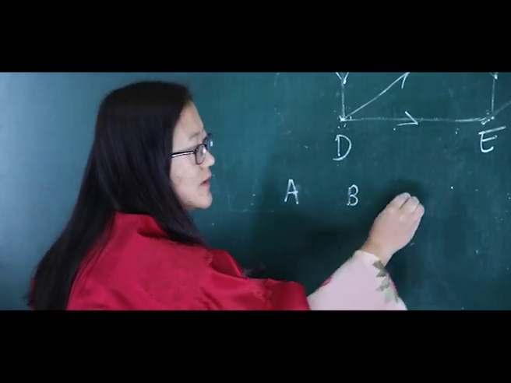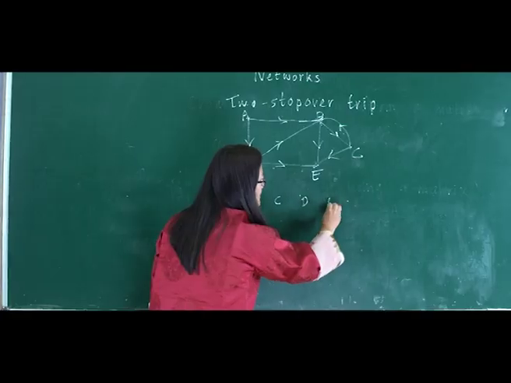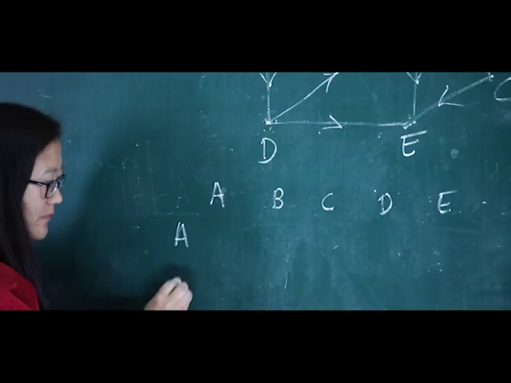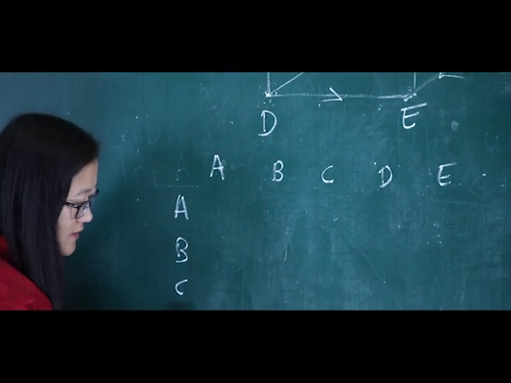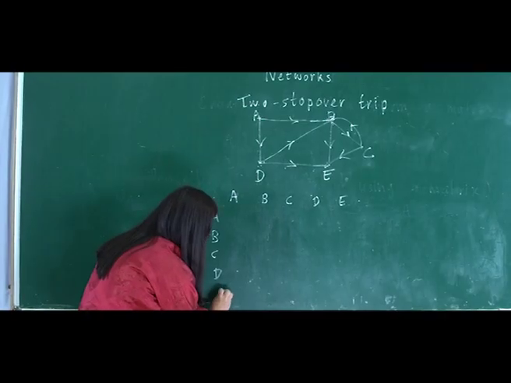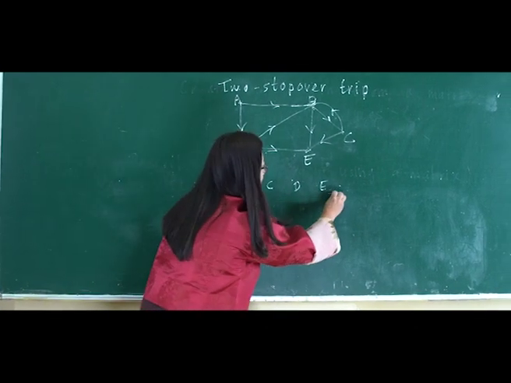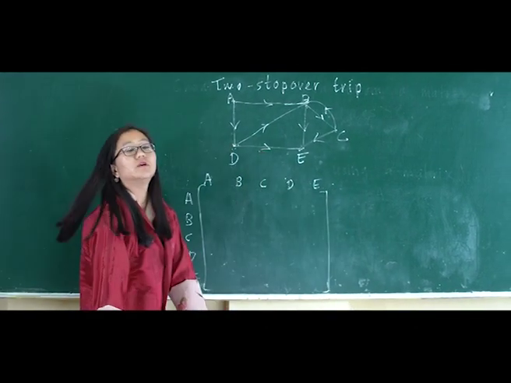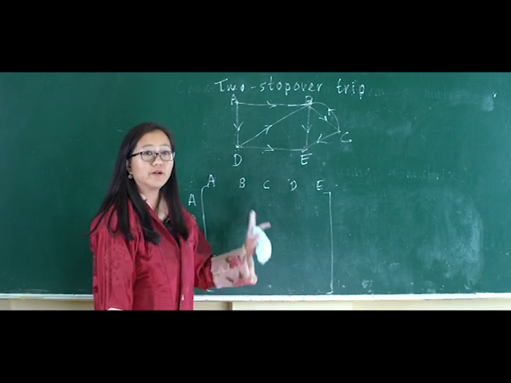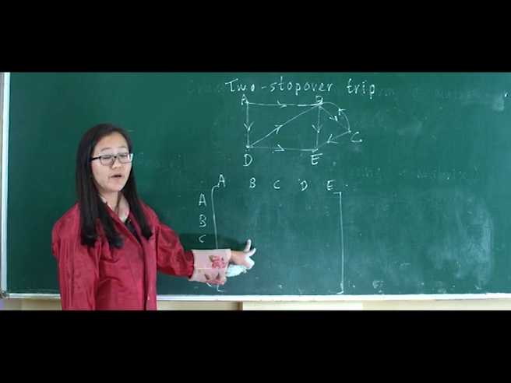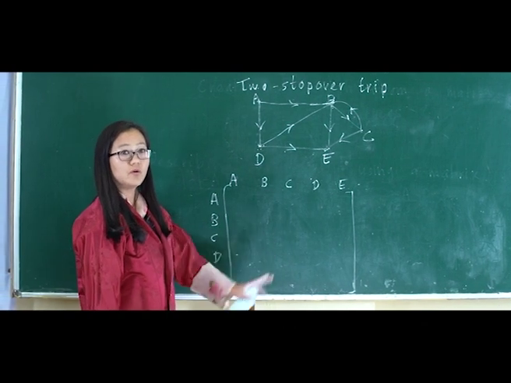A, B, C, D, E along the top of the matrix. A, B, C, D and E along the side. So this is an adjacency matrix, and as I said earlier, we should have a square matrix for an adjacency matrix. This is a matrix of the order 5 by 5 because we have 5 number of vertices.